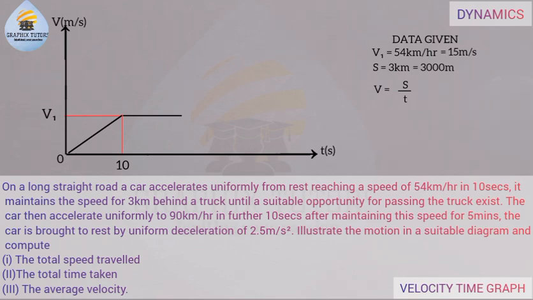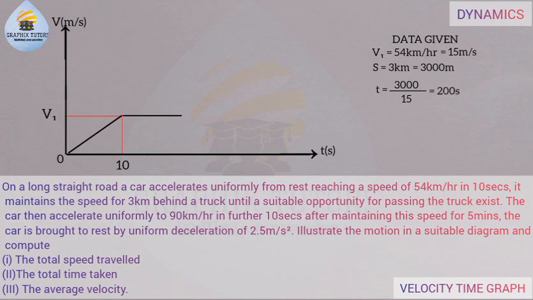If I make t the subject of the formula, because that's what we're looking for, t is equal to s over v. The distance s is given as 3000, all over the speed v, which is 15. We divide it, and you'll have 200 seconds.